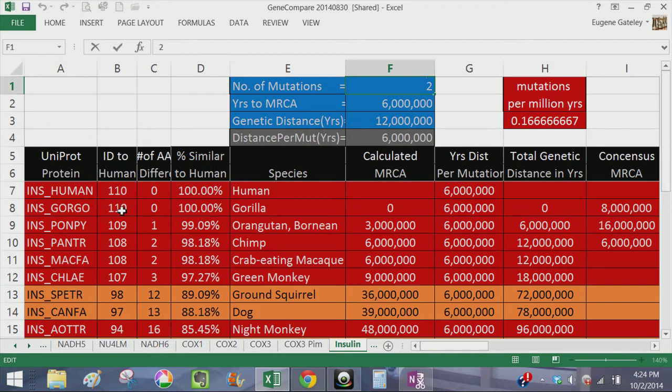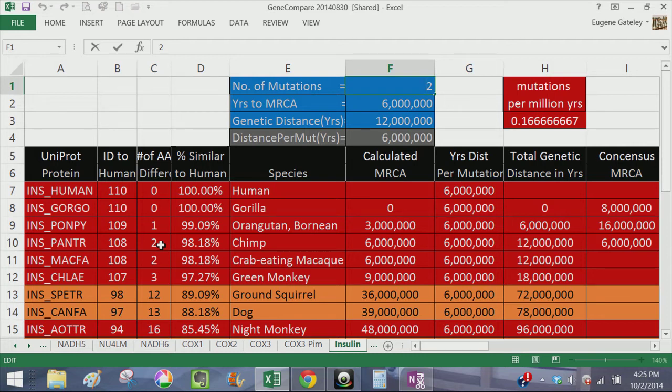that gorilla is exactly identical to human at 100% similarity, and the very next one up on similarity to human is the Bornean orangutan, with 1 mutation between human and orangutan, and at 2 mutations difference, or 2 amino acid differences, that is, chimp is next.